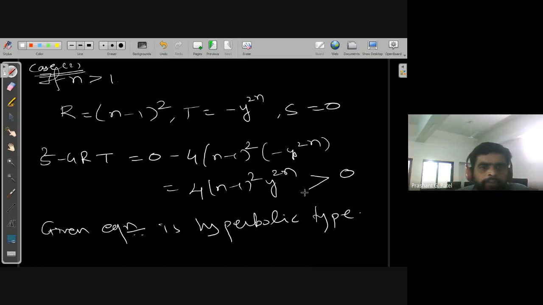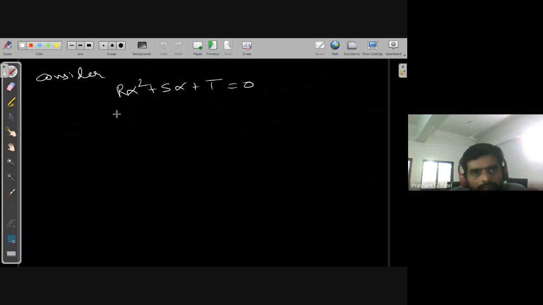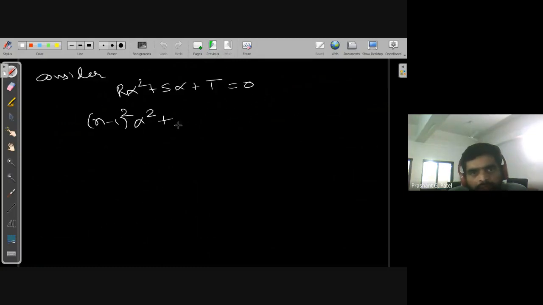Okay. So now we need to consider the equation rα² + sα + t = 0. The value of r is (n-1)², plus s is 0, and the value of t is -y^(2n). So α² will be y^(2n) upon (n-1)².